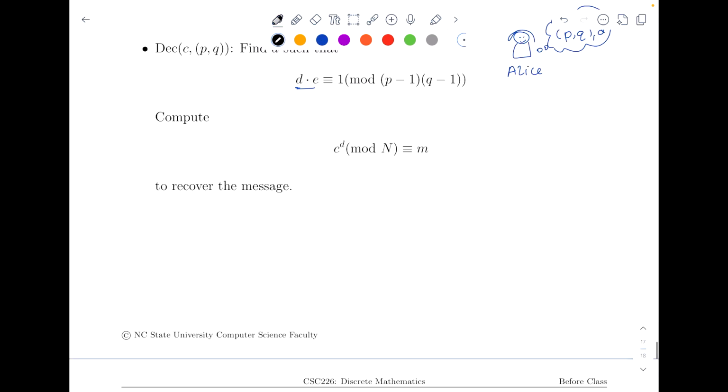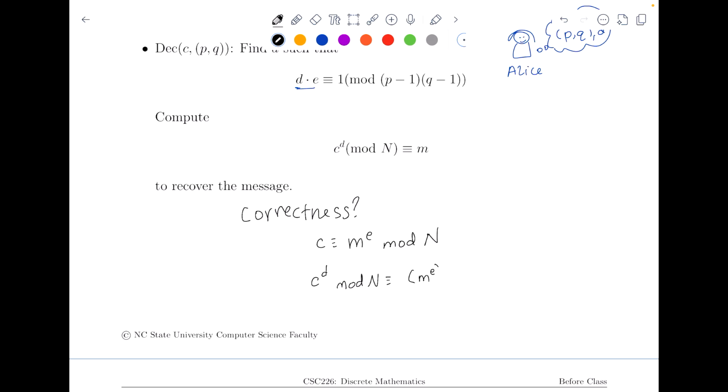Let's check for correctness real quick. So C is equivalent to M to the E mod N. And then I'm going to do C to the D mod N as Alice.